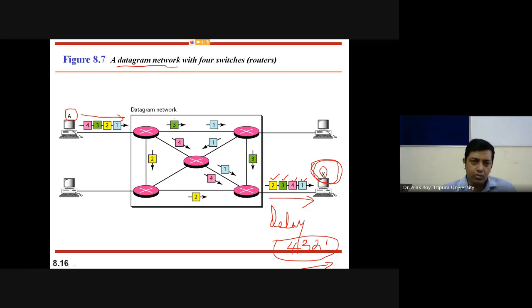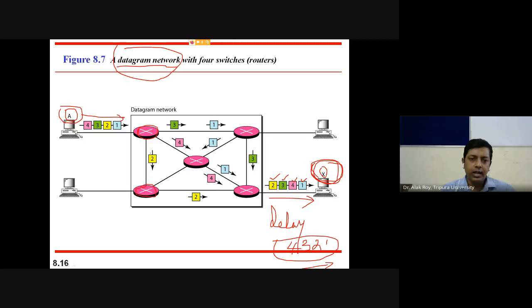Now the question is, using a datagram network, how is data transmitted to X? Please remember that in all cases they are using some kind of switch.